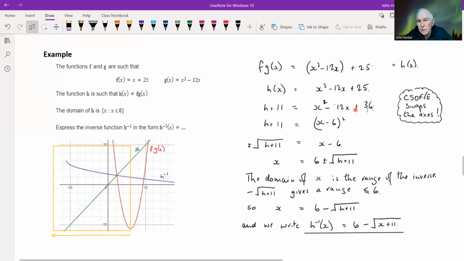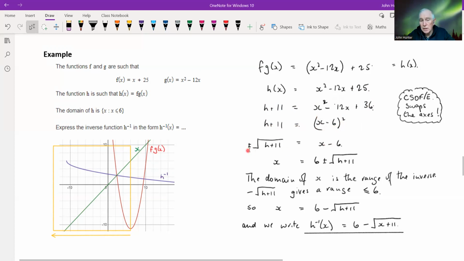So we need to get it into a form that can be completed. What we've done there is add 11 onto each side. I'm just calling h of x h because it makes it a little bit easier to work with. So therefore h plus 11 equals x minus 6 squared.